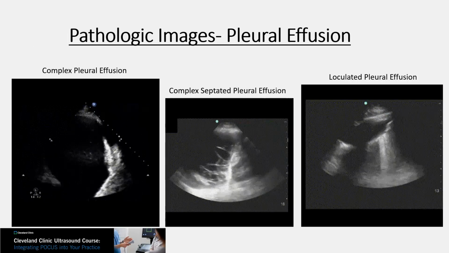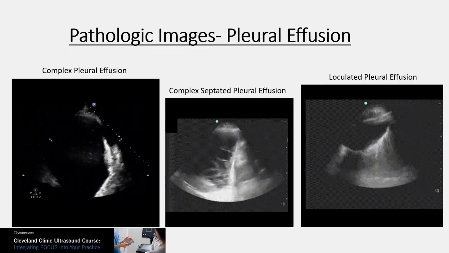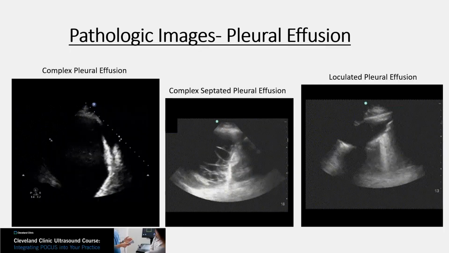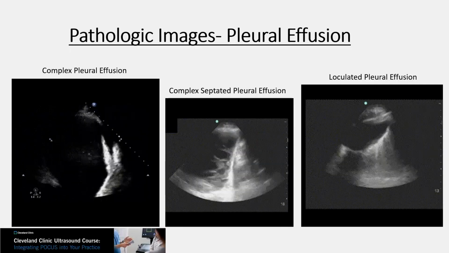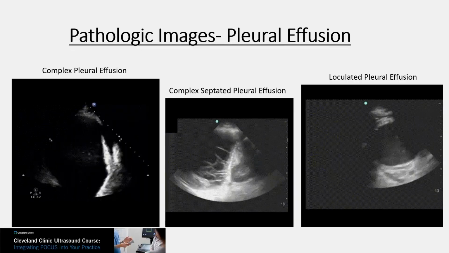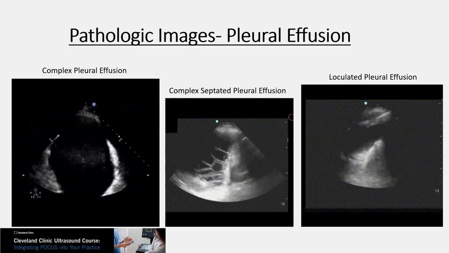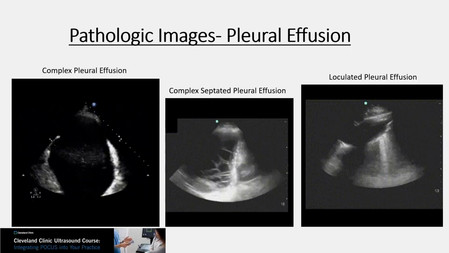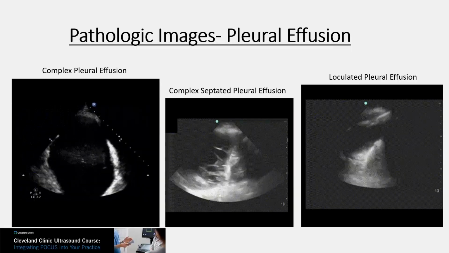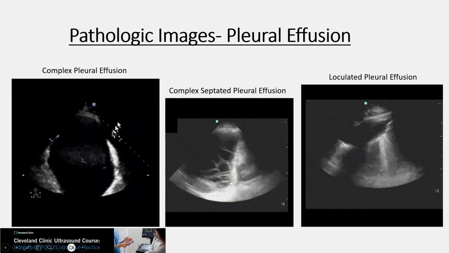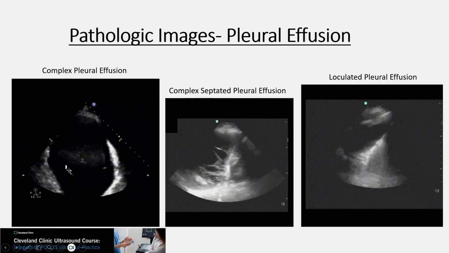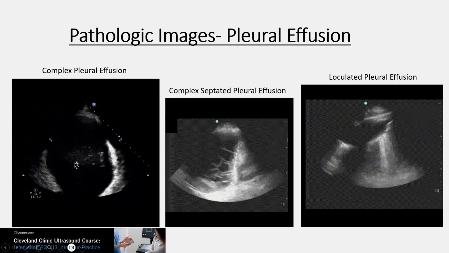Other pathologic images to consider are the pleural effusions. These are three examples of pleural effusions that can be described with a little bit more detail. On the farthest left, we have the complex pleural effusion. If you'll notice, it's a lot of hypoechoic fluid above the diaphragm, but you can see some graininess or haziness within there.